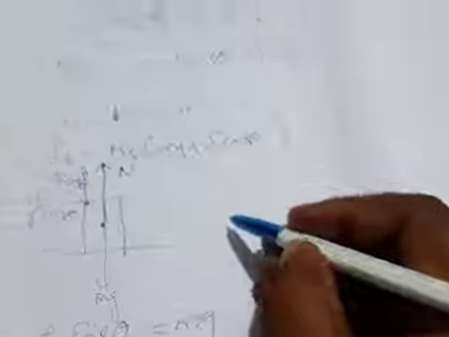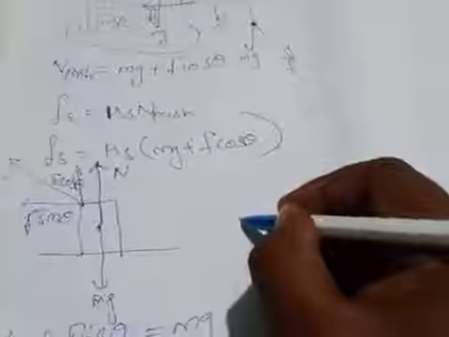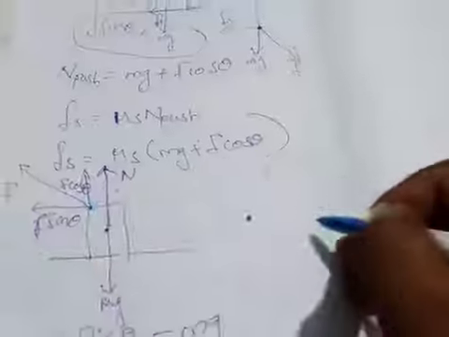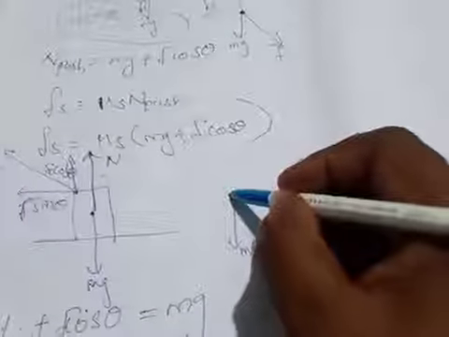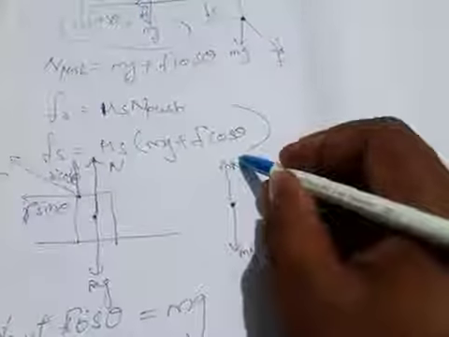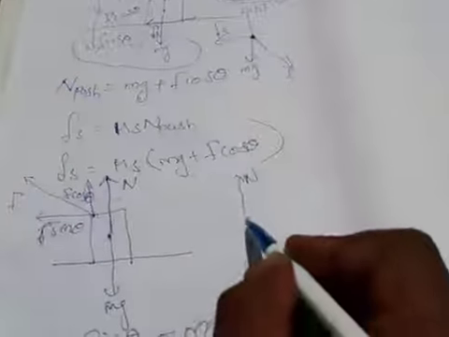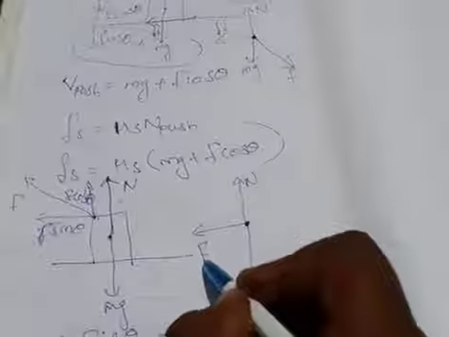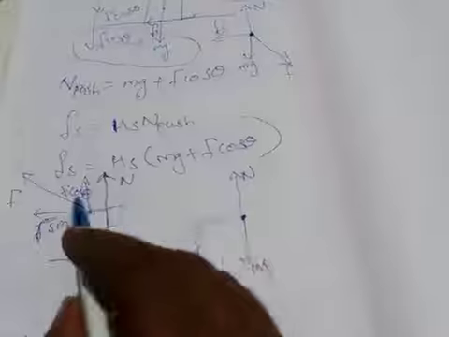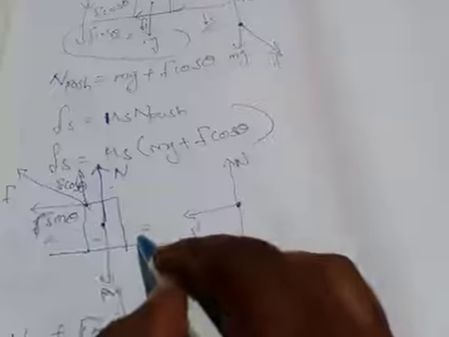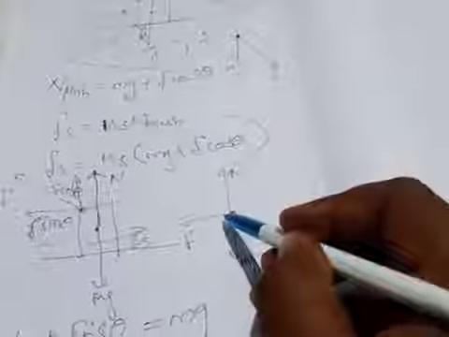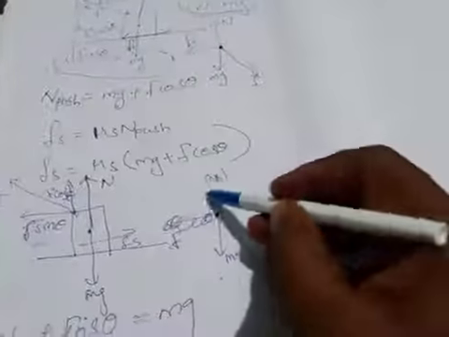Now the free body diagram for pulling an object. This is a block, which I have put as a point mass. Downward mg, upward normal force, and the force in the backward direction. Now friction: this direction it moves, so friction will be opposite. You have to draw this one not like this, so I will draw again.